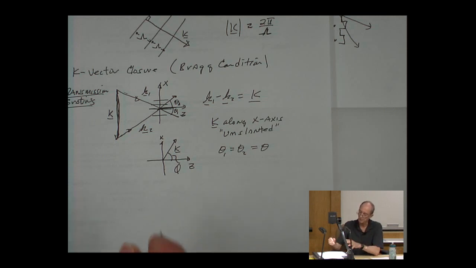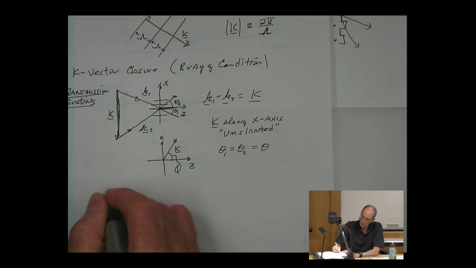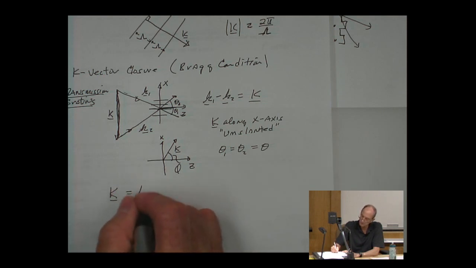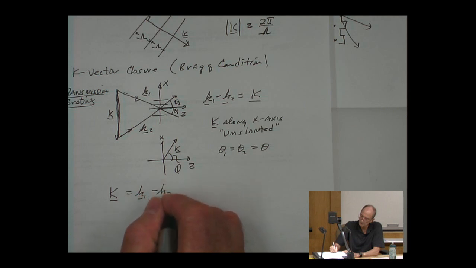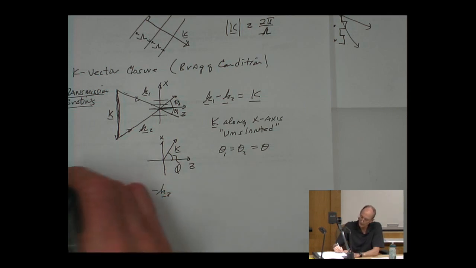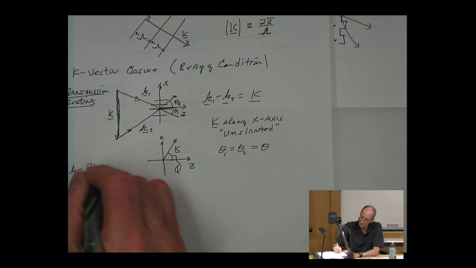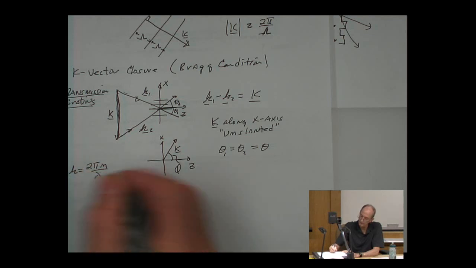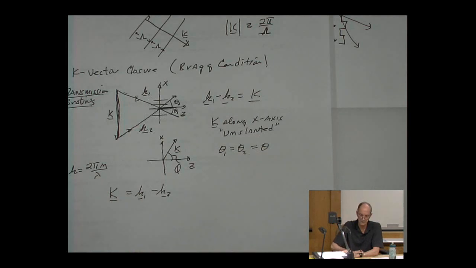All right, so let's compute the grading vector for this situation. Here we have k is equal to k1 minus k2, and k is equal to 2 pi n over lambda. If this were in some material with a refractive index, we can include that.